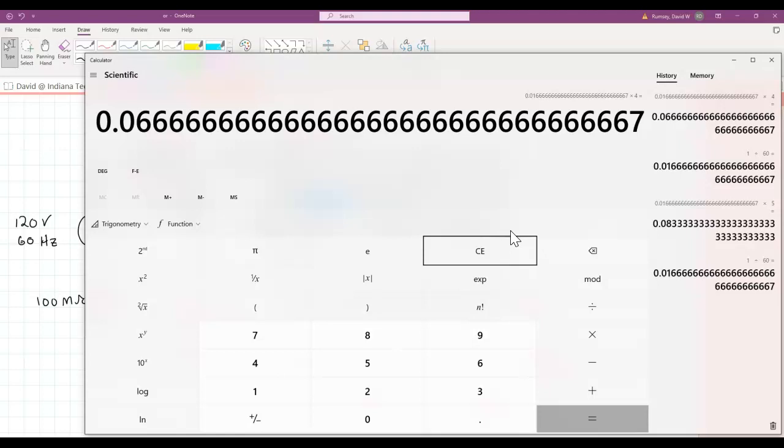I'm sorry, it's 0.066, which is 66 milliseconds going on forever. And so I was going to say, okay, well, if I want to then show 4 periods, I'm just going to round that up to 0.07.